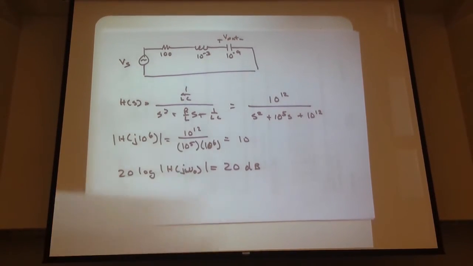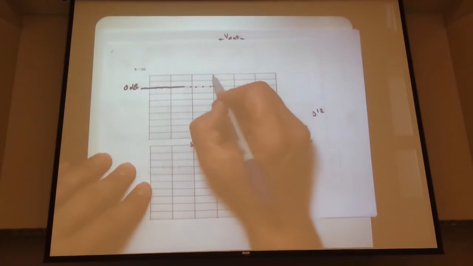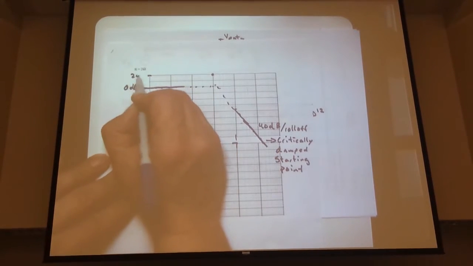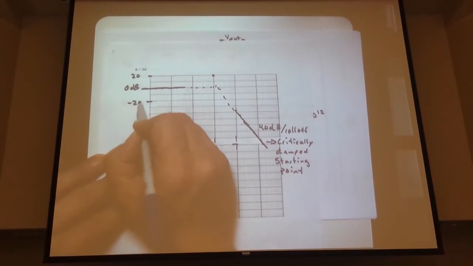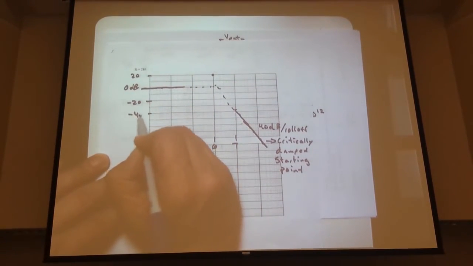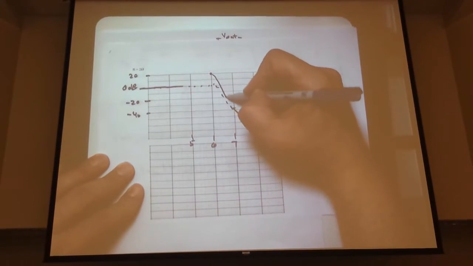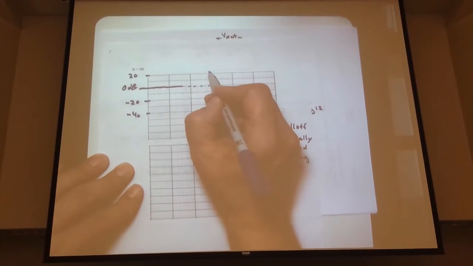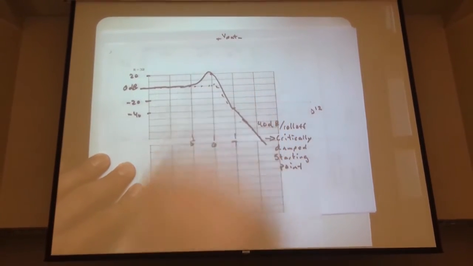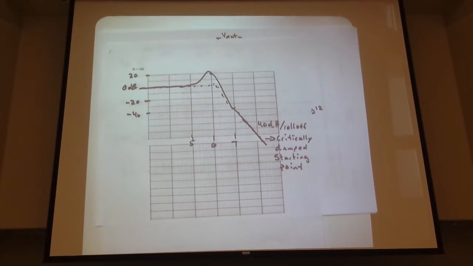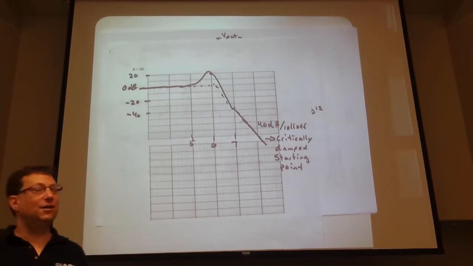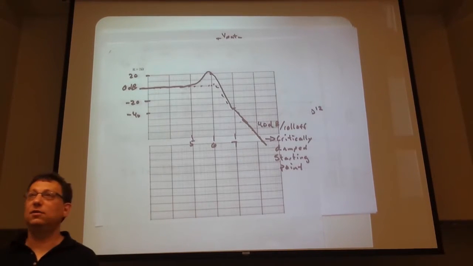Well, what does that mean for us? We're up here. 20 minus 20 minus 40. And so what does our plot do? Something like this. It actually goes up a little bit. Is this now a good low-pass filter? Yeah, probably not. Unless you're trying to do something kind of strange.